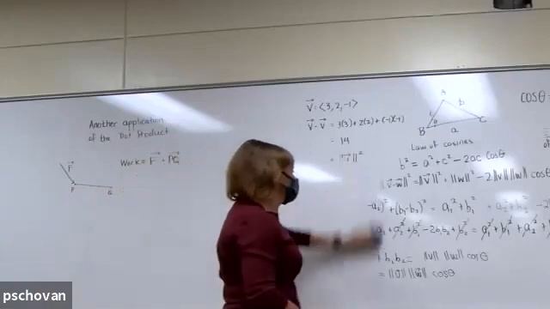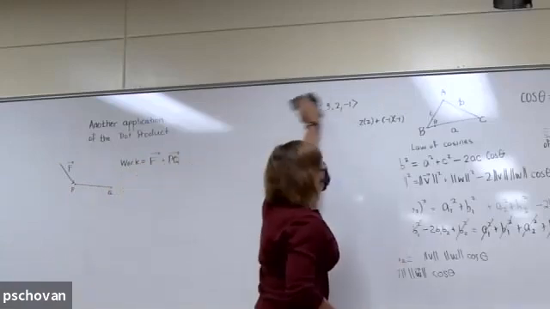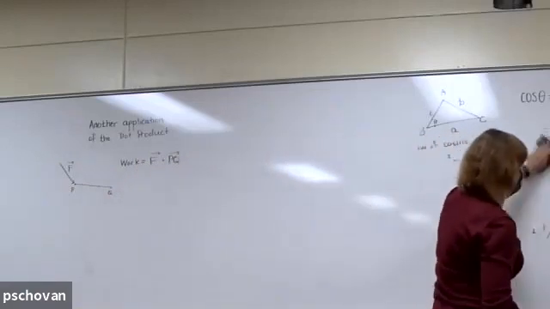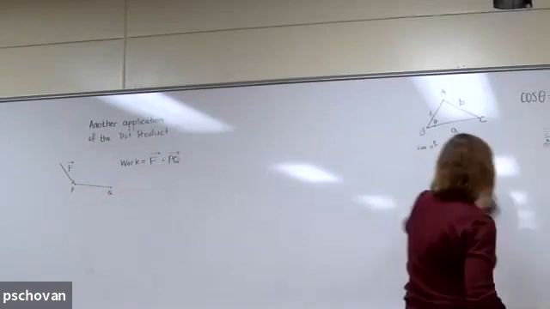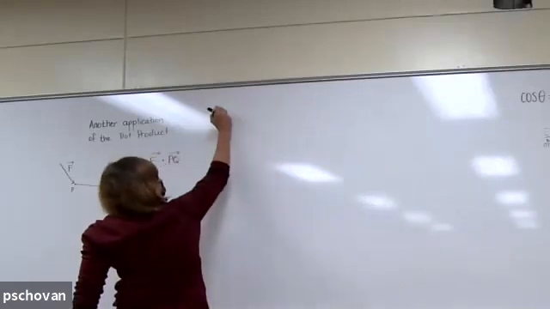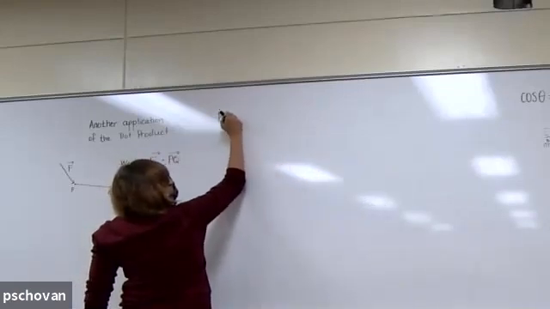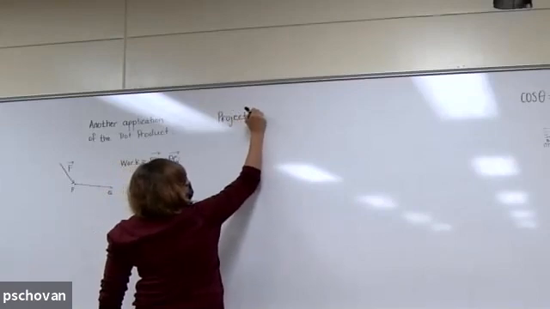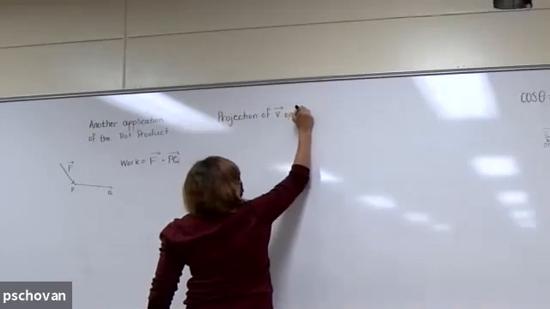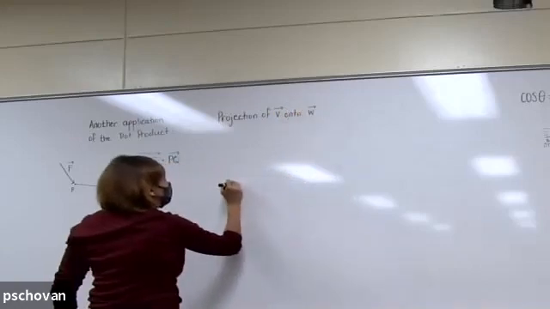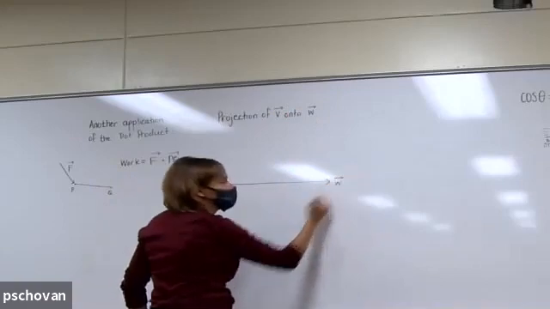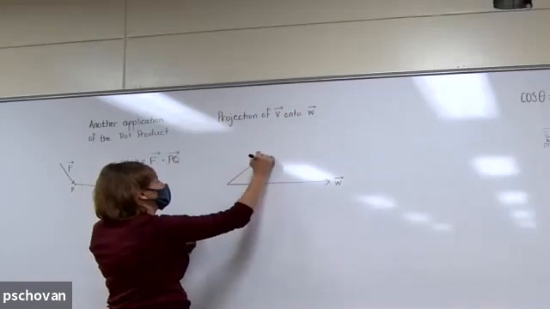Many applications involve using something called a projection vector. So let me quickly show you what the projection of vector V onto vector W is. Let me just draw vector W as being horizontal. It doesn't have to be. And then vector V up here.